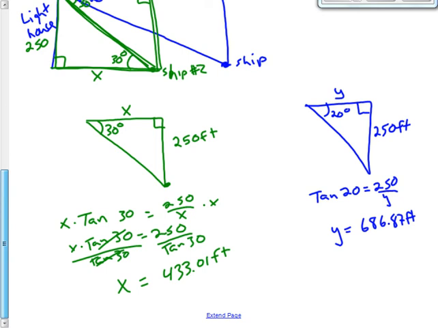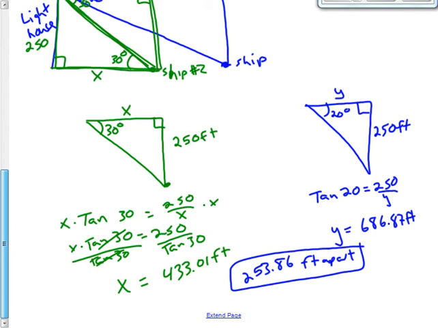So if I go 686.87 and I subtract the 433.01, I end up with 253.86 feet apart. Which is a little bit different than what we got originally when we did this problem the other way.